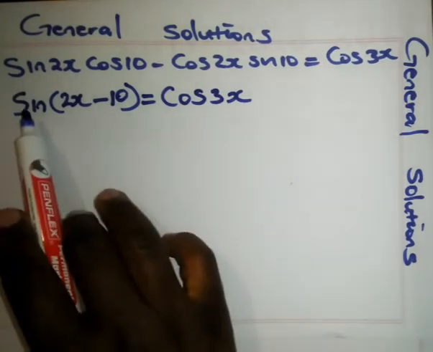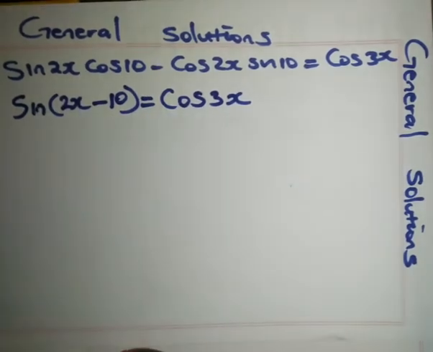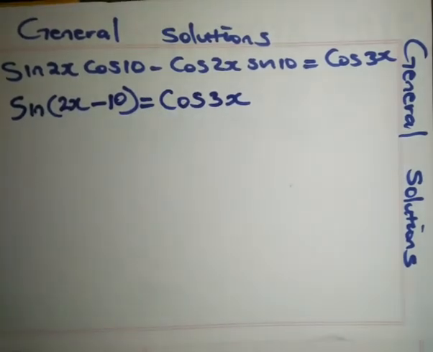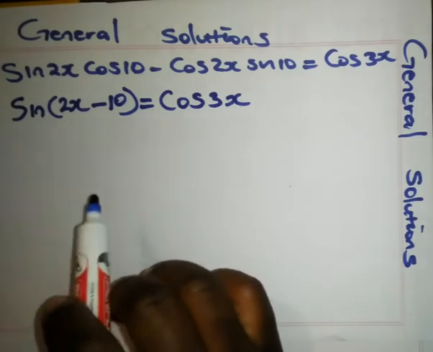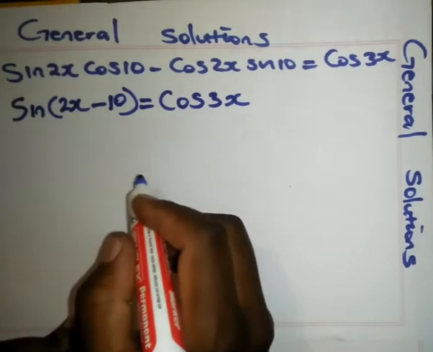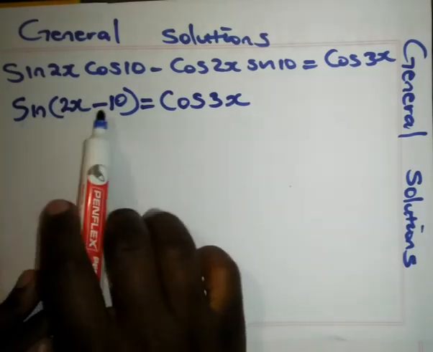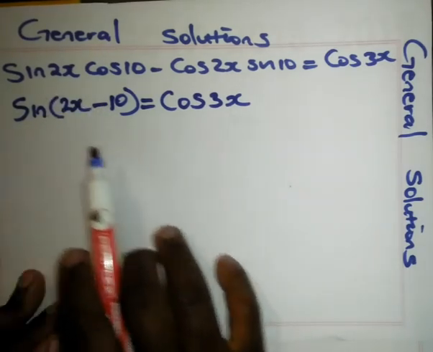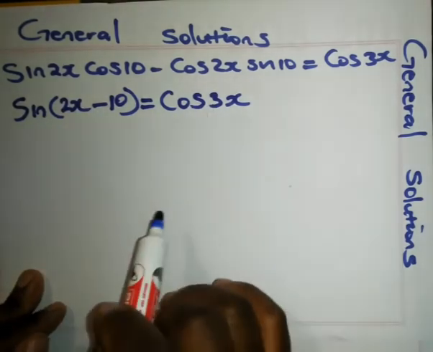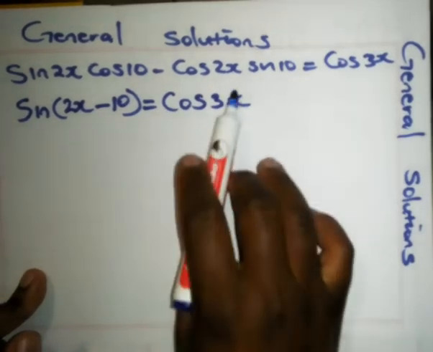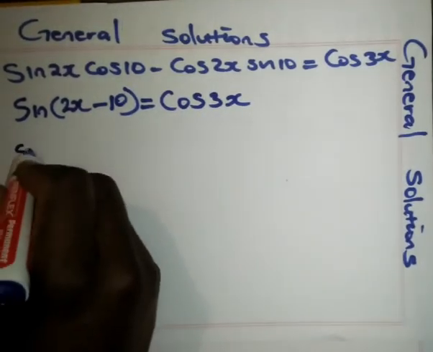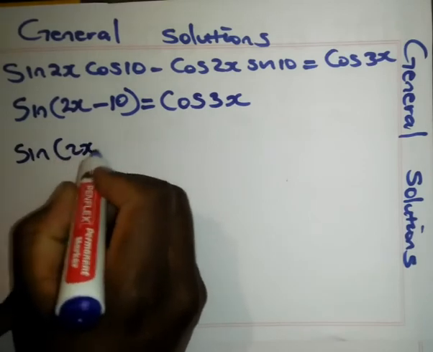Now if you have different trig ratios, in this case we need to apply our co-ratios. You can choose whether to apply the co-ratio on this part or on that part. I will apply the co-ratio here. So this will be sine into 2x minus 10.